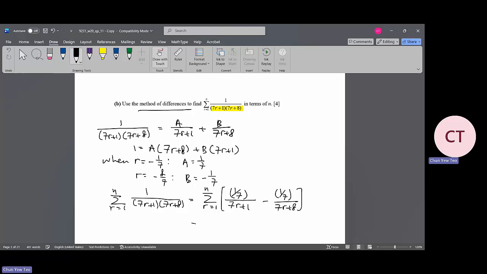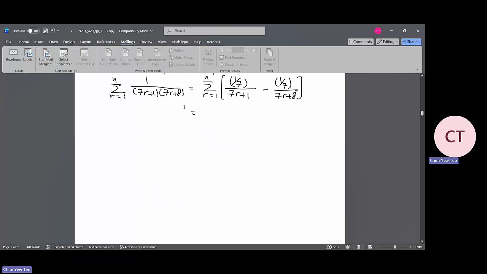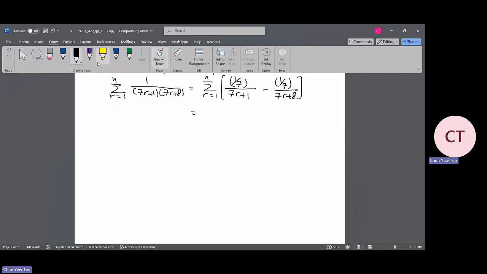You can see that both of them share the same factor of 1/7. So what we can do now is to factorize the 1/7 out to make our job easier, and put them as a group.